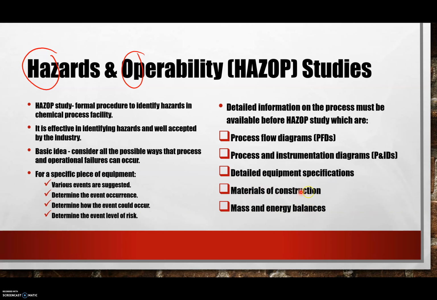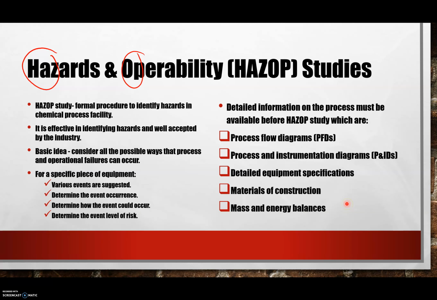Basically, material of construction has been detailed out in your equipment specification. Some projects or equipment already have their mass and energy balance. So through all this information or documents, you could do your HAZOP studies.